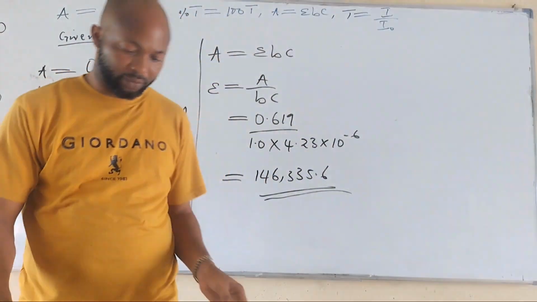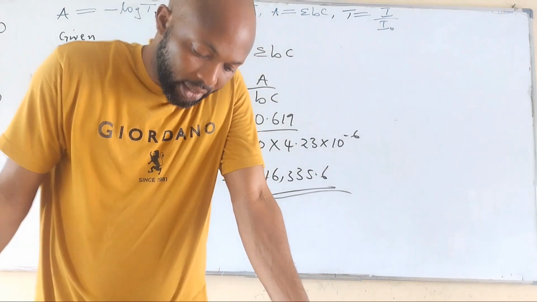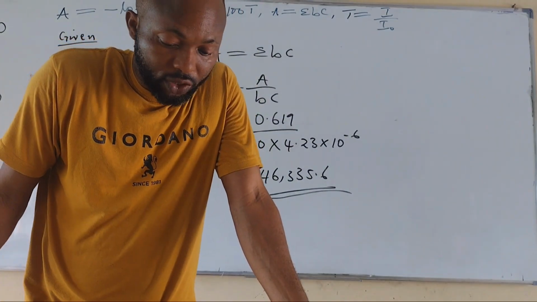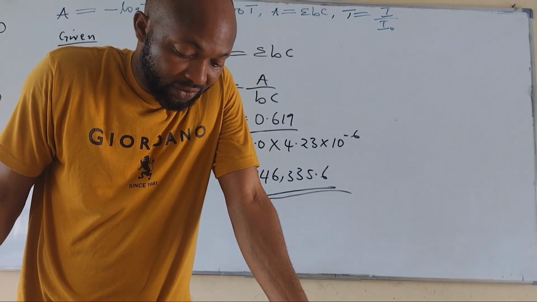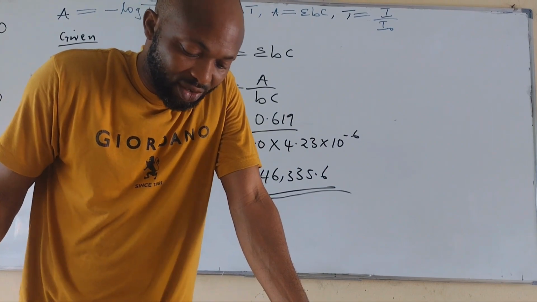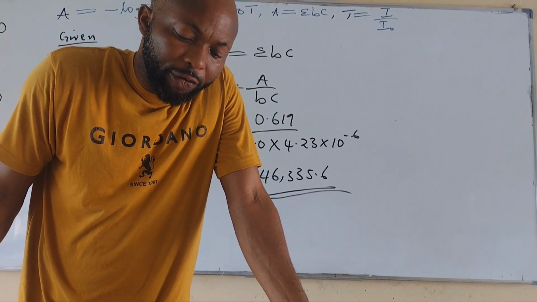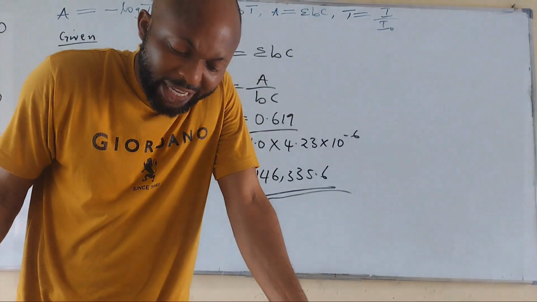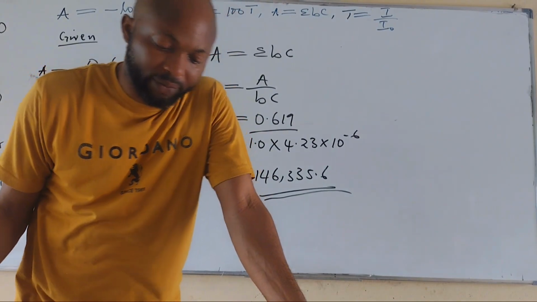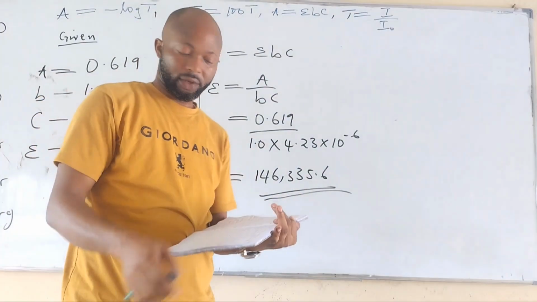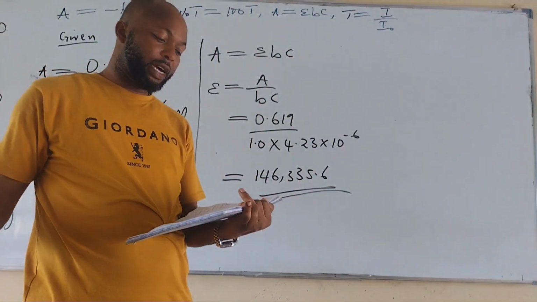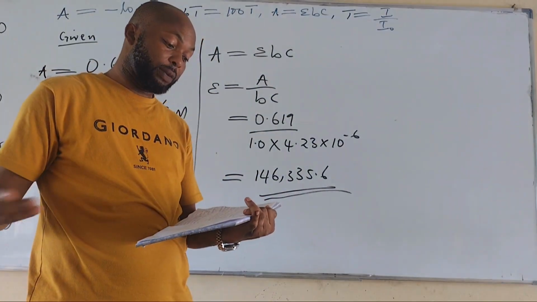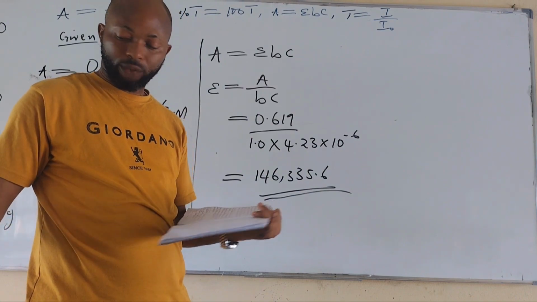Okay, let's take our question number 5. Is it 5? I've forgotten the number. Let's just go on. In each of the following, enough data are given to calculate the indicated parameters. A. Calculate A, capital A, which is absorbance, if T is 0.651. Let's clean the board.